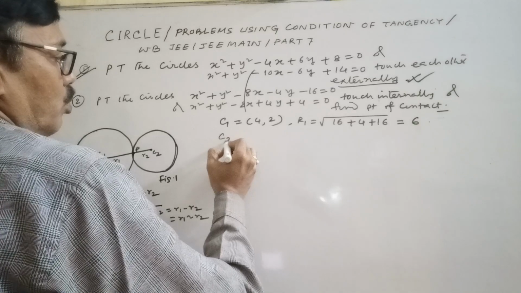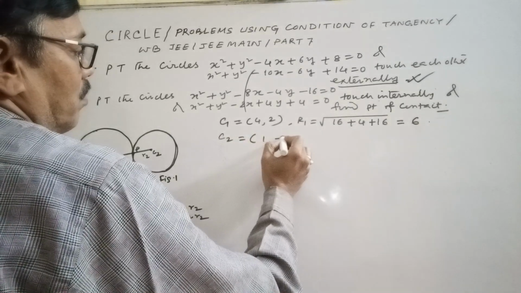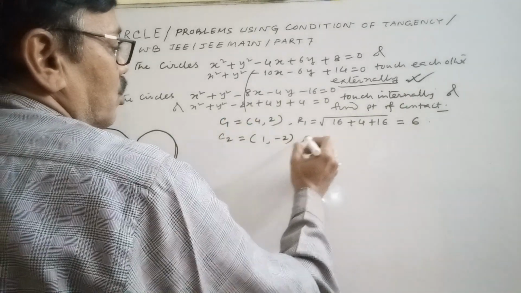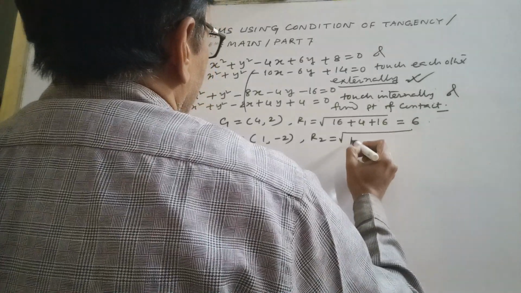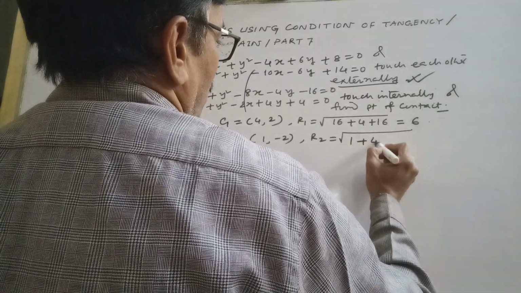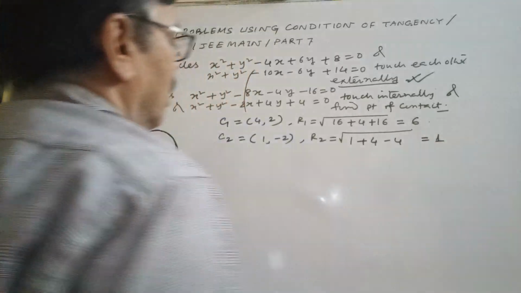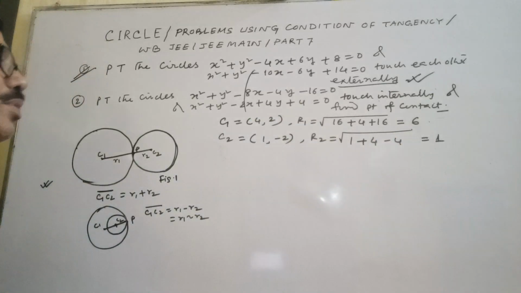Now C2 is 1 comma minus 2. Now what is R2? 1 plus 4 minus 4. This is 1. 1 plus 4. This is c is 4. So minus 4. So this is 1.